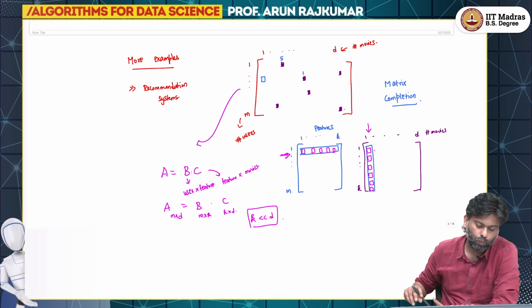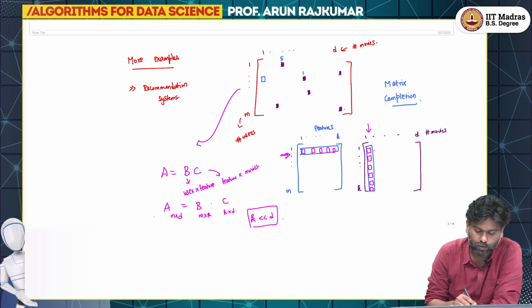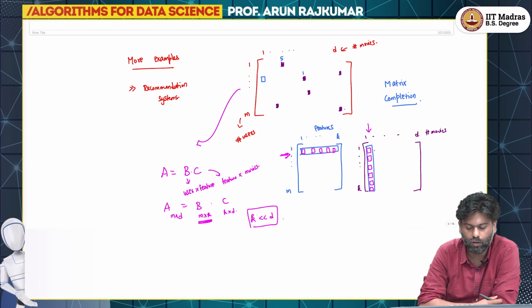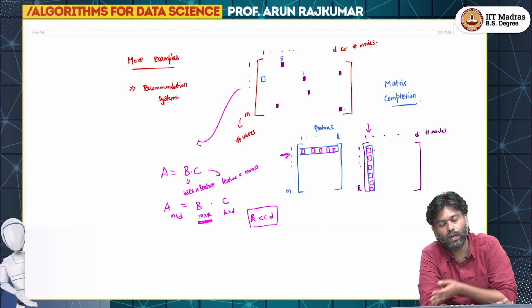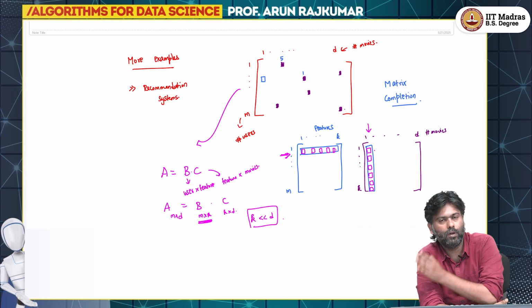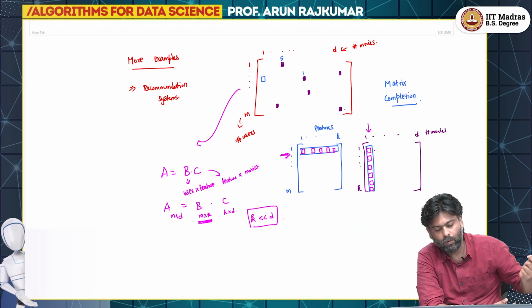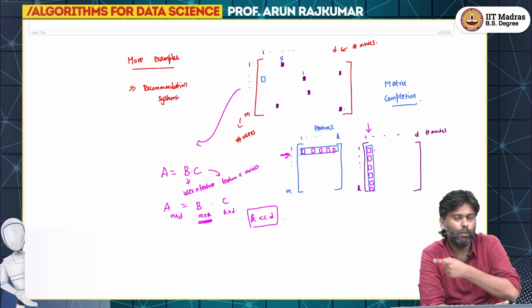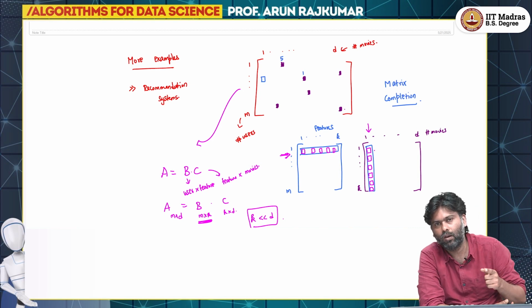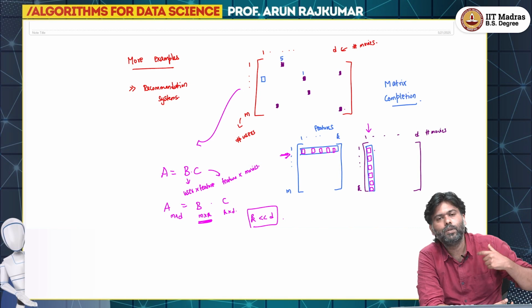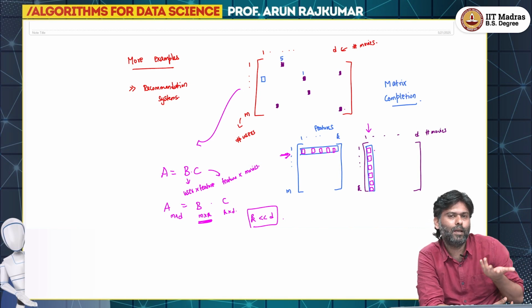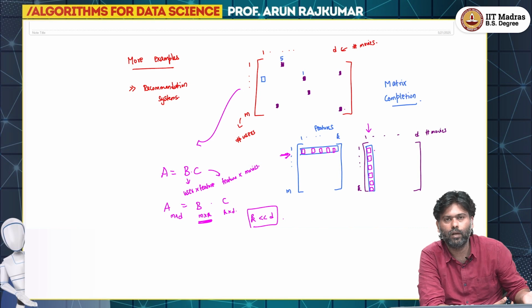Because if you think of it, every column of A is some combination of the columns of B given by the columns of C, right? So now B has K different columns, and every column of A is got by somehow linearly combining these K columns of B using the coefficients in C. So which means that there are only K essential potentially linearly independent vectors.